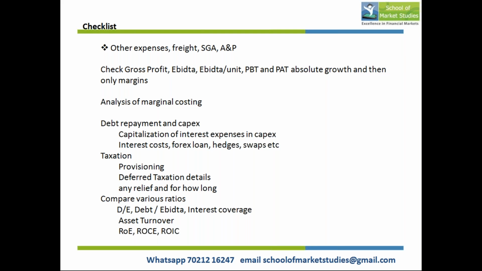So the absolute numbers are important and margins are only incidental. Okay, so let us say, or let's come to EBITDA. Let us say EBITDA went up 30%, but margin dropped 10%. Does it really matter what your margin was?